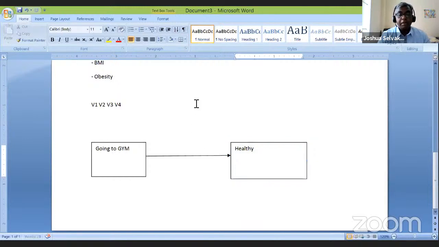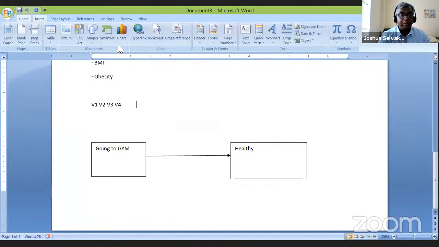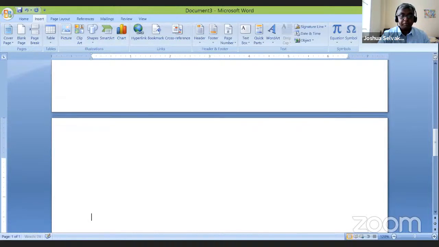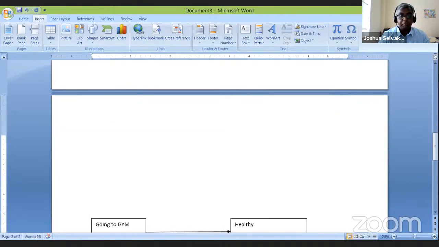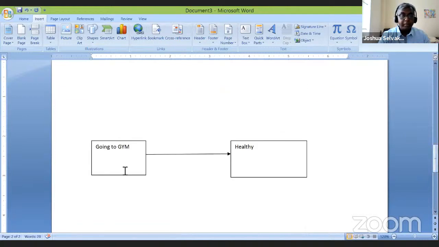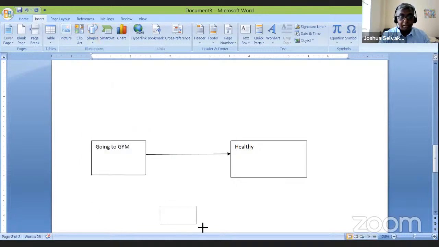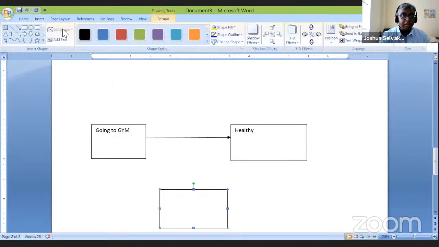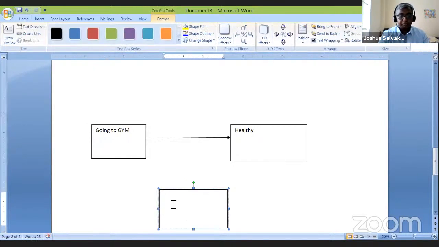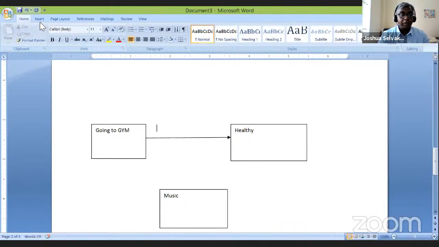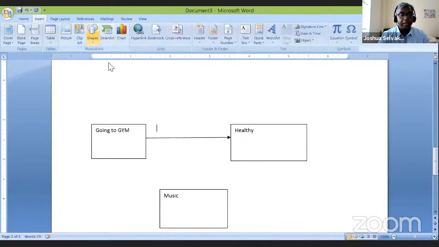Now I'm going to add a box here. I'll take it down to the next page. I'm going to call this box music, and put an arrow here.